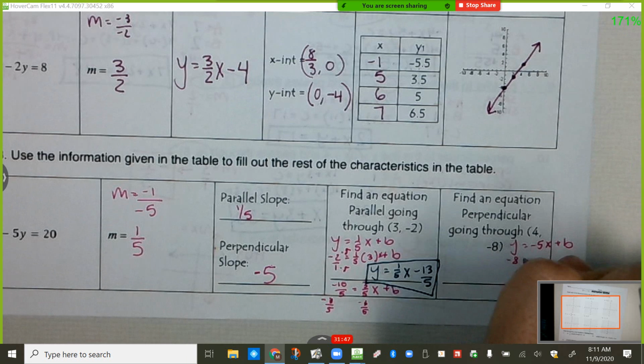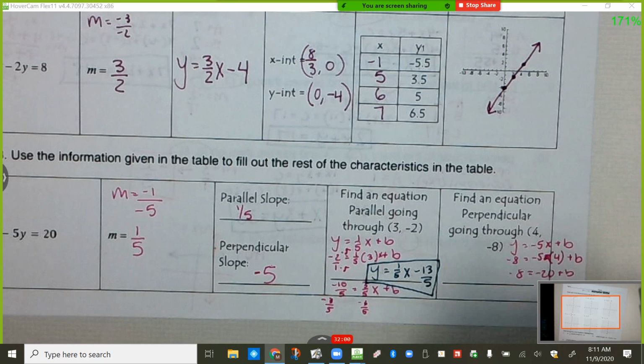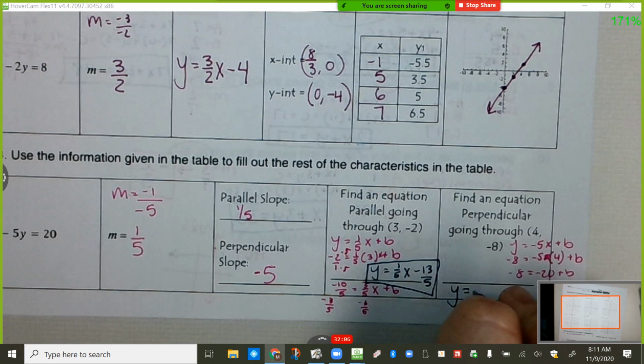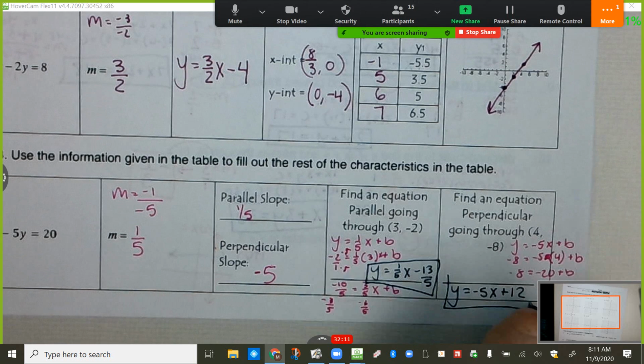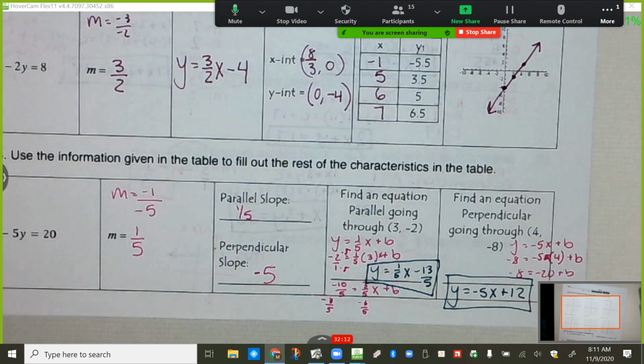Negative 8 equals negative 5 times 4 plus b. So if y'all need to go, you can go. Negative 8 equals negative 20 plus b. Add 20 to both sides, and we get b equals, what does that give me? 12. So y equals negative 5x plus 12. Good luck on your assessment. Let me know if y'all have any questions.